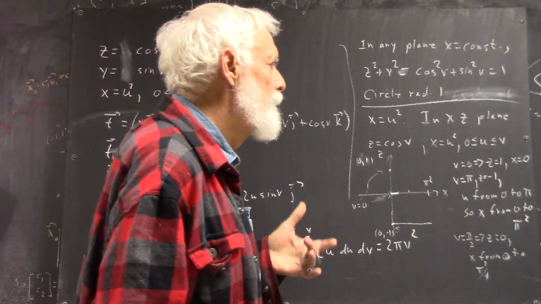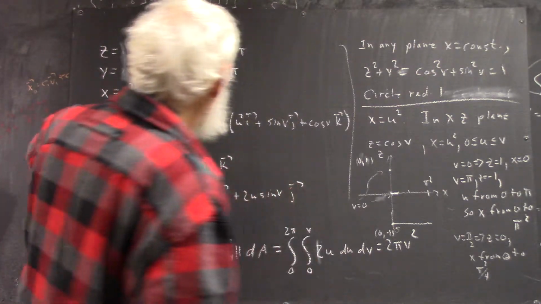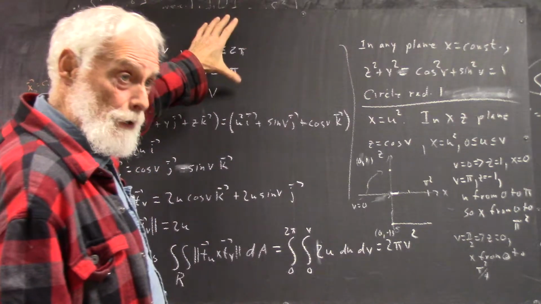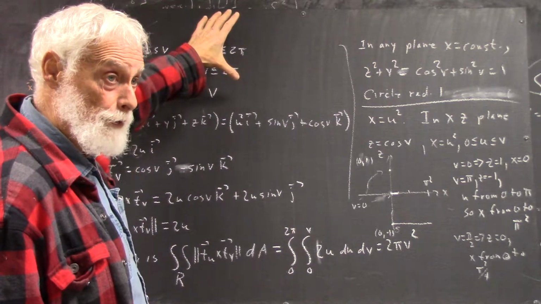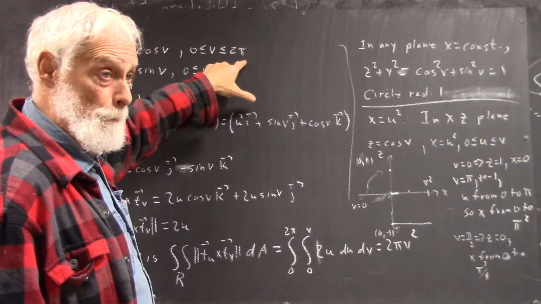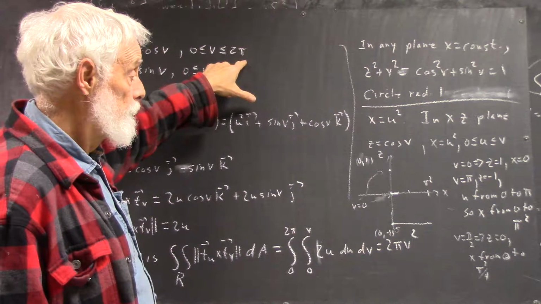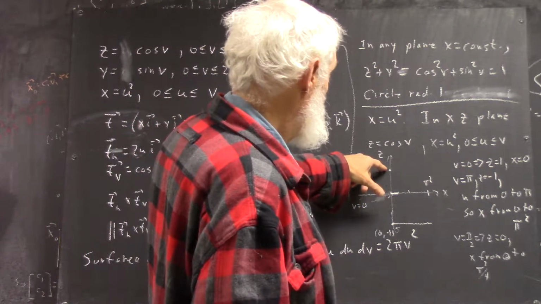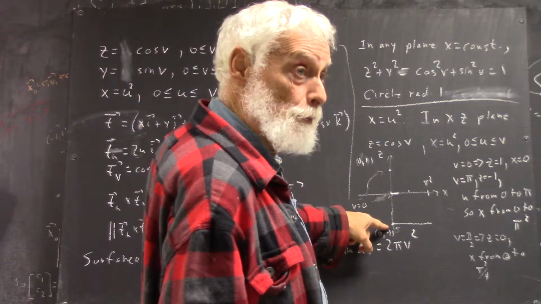As v goes from 0 to pi, I'm not talking about 2 pi because we can visualize what's going to happen there. Okay? As v goes from 0 to pi, z is going to go from 1 to negative 1, right?